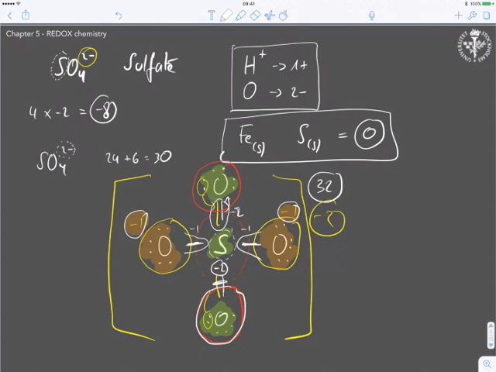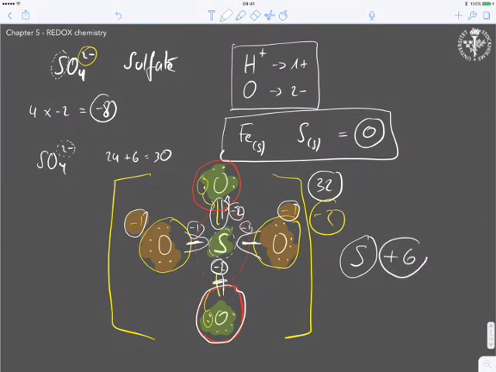So at the end, for the entire molecule, the oxidation state of the sulfur will be 2, 4, 5, 6, plus 6. It will give 6 electrons to the surrounding oxygen. I'm repeating myself here. This sulfur will give 2 electrons to this one, 2 electrons to this one, 1 here and 1 here.